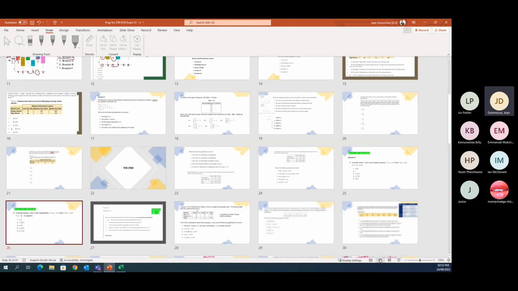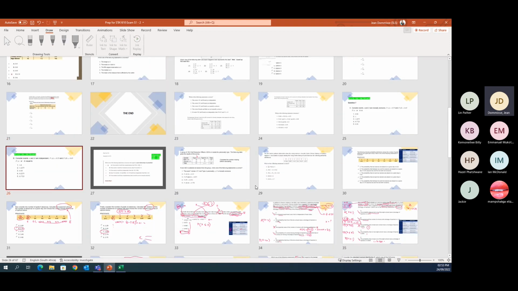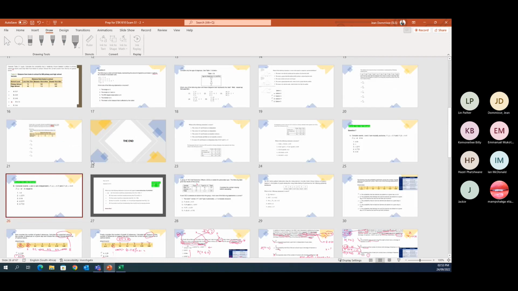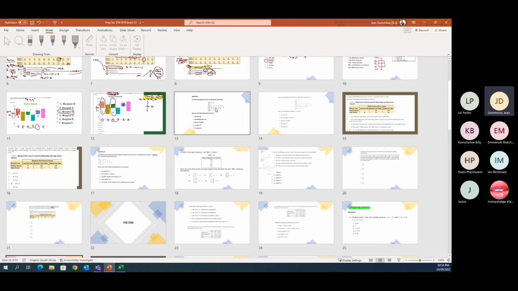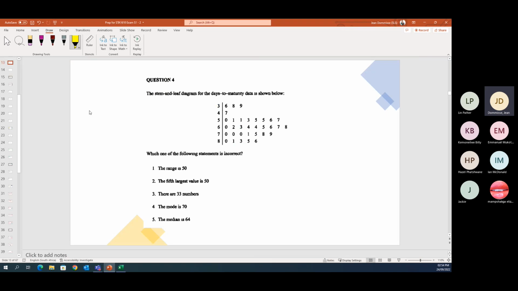What I've seen is that in a lot of the assignments, they sometimes don't have a stem and leaf type of graph, and then suddenly in the exam there's one, and because it was never asked in any of the assignments, you're suddenly stuck with it.